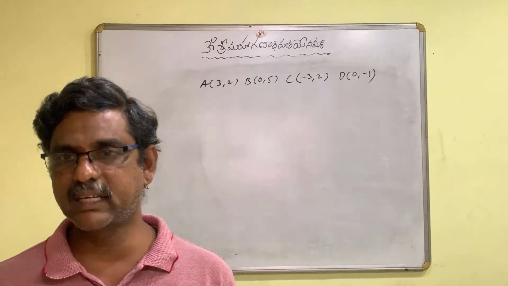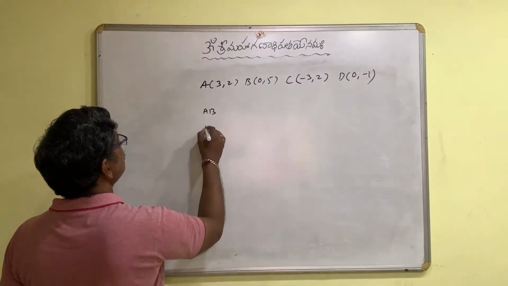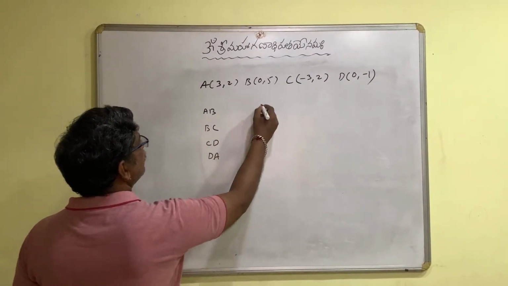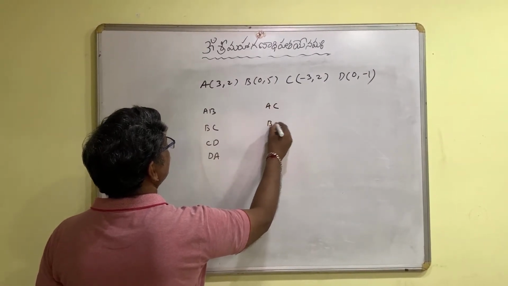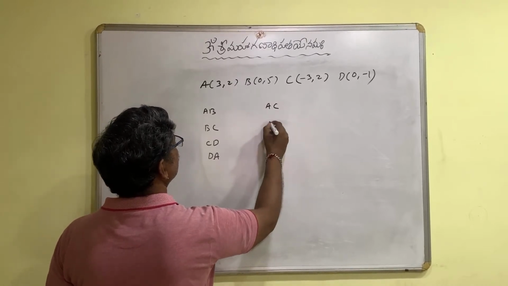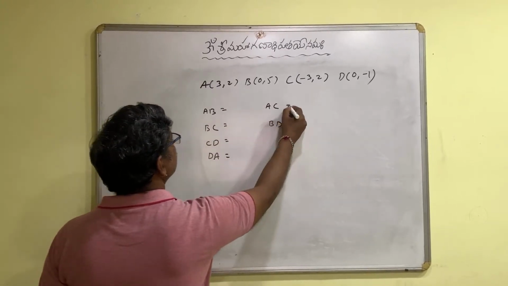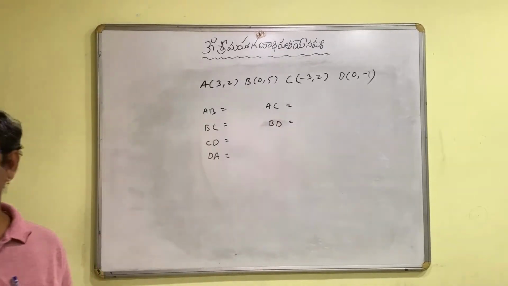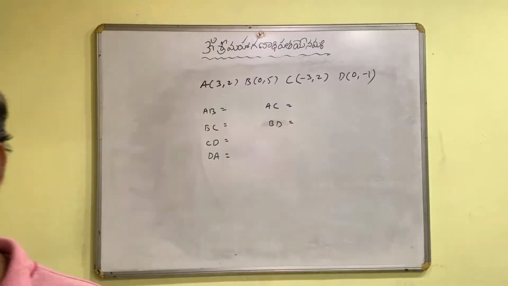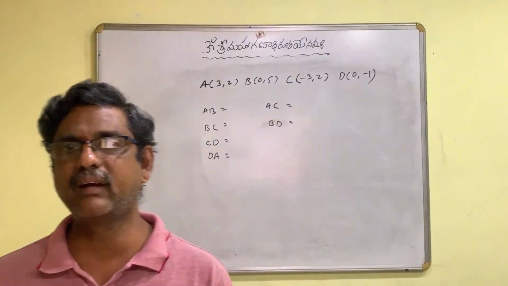So calculate the distance between the sides, means find AB, BC, CD, DA. Not only that, AC and BD. Calculate all these distances. Children, fast. Calculate all the distances.